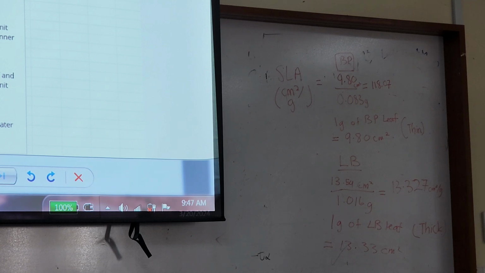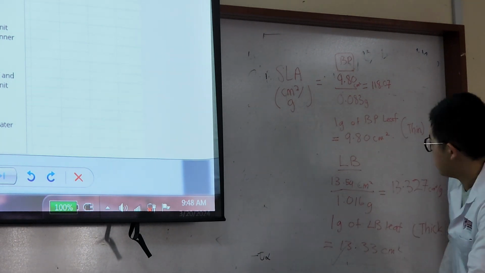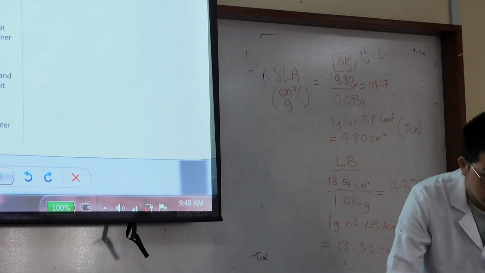The specific area for the centimeter per gram is 118, not 9. Okay, lepas tu? Do you want to correct something on there? I'll give you time to revisit your calculation and everything so that if it's needed of correction, it comes from you.